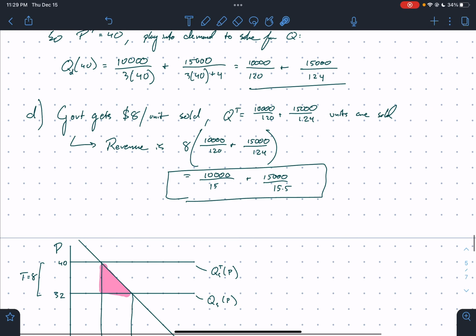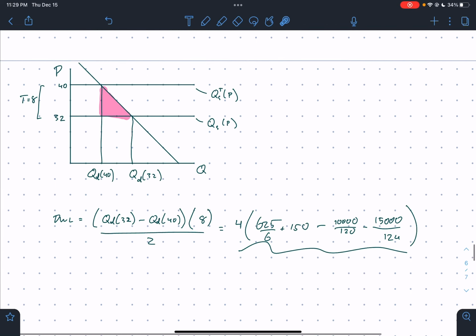Now for the last part, to find the government revenue, we assume the government gets $8 per unit sold, so that we can use the quantity sold in the previous part. The revenue is just the amount of the tax times the quantity that is taxed. So it gives us this number. And finally, to find the deadweight loss, we look at the difference in consumer surplus before and after the change.